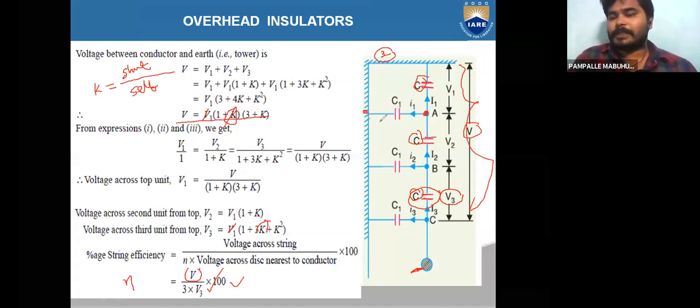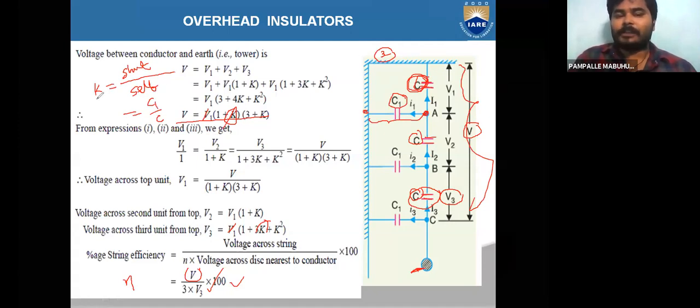So C1 is the shunt capacitance, and self capacitance is the capacitance of each disc. If you observe disc 1, the capacitance is C. The ratio of shunt capacitance to self capacitance is called the constant K. So the string efficiency depends upon this constant K. You remember this.